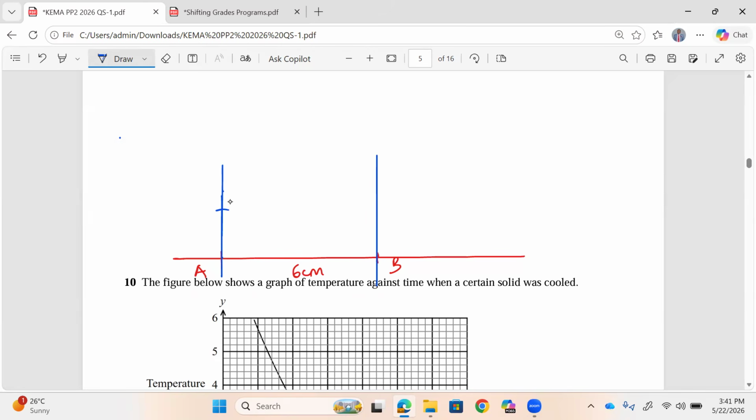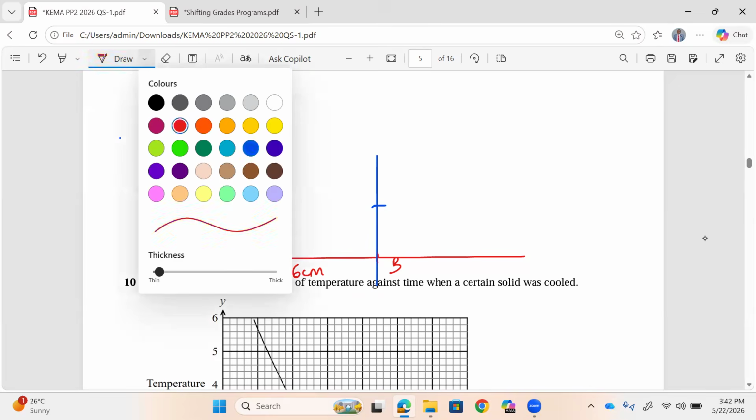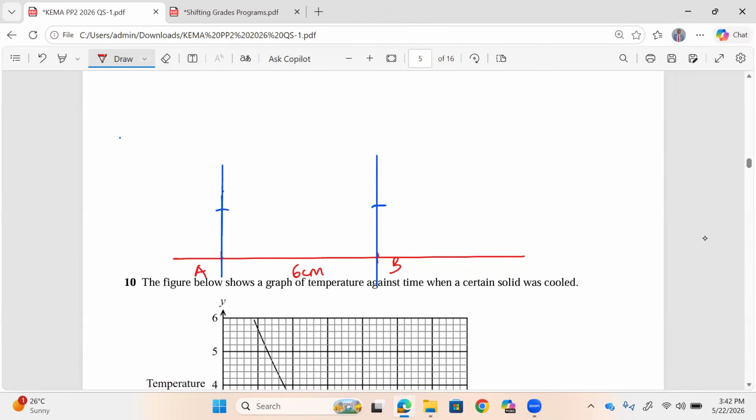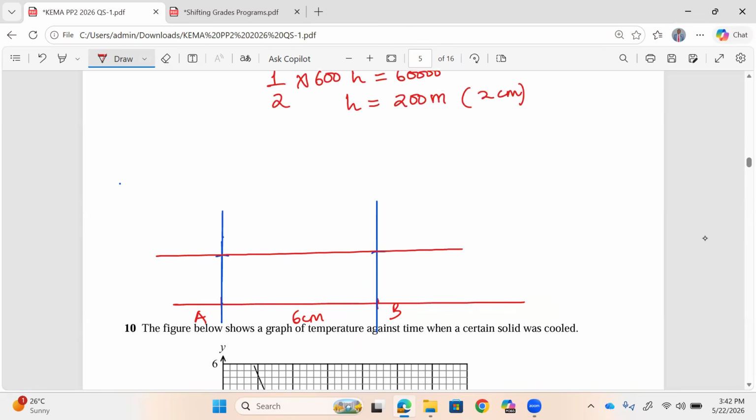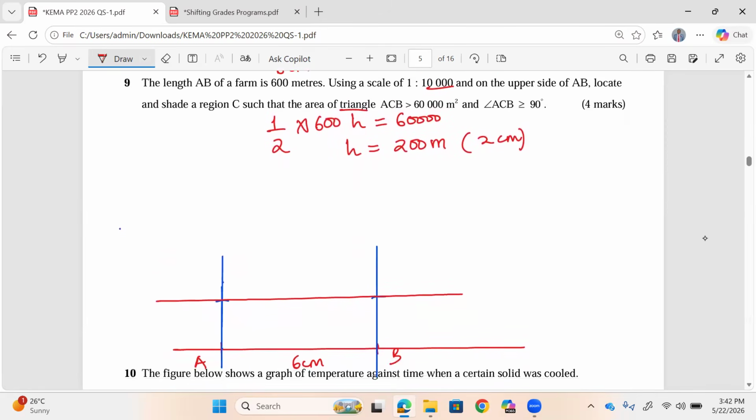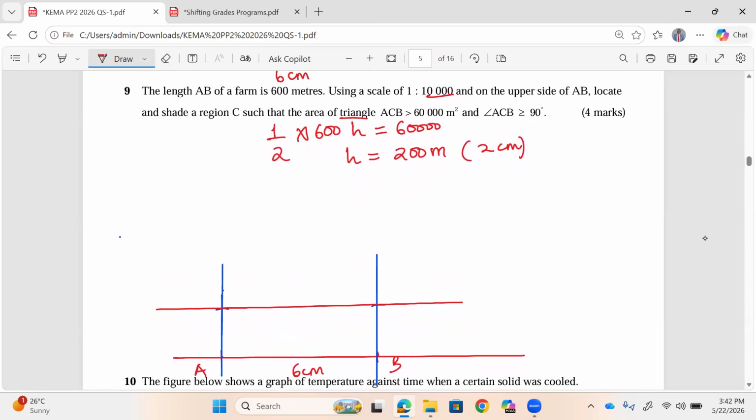Then we also measure from B 2 centimeters like that. Then when you do a straight line along that, anywhere along that line can be point C.